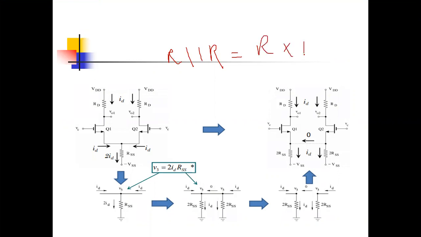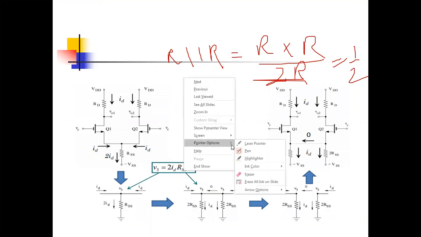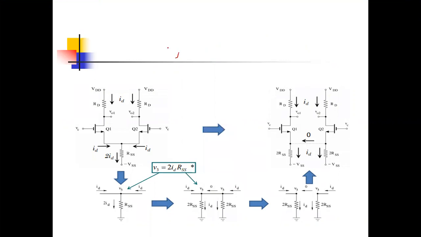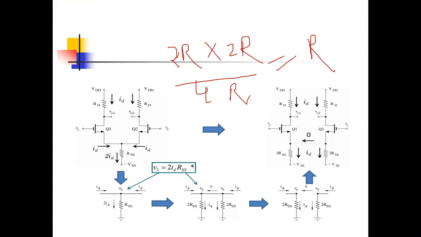R into R upon 2R, so it will be R by 2. So if we take the parallel combination of 2R and 2R, that is 2R into 2R upon 4R, it will be equal to R only. So you can say that R can be written as 2R parallel to 2R. So this R is replaced with 2R in parallel.